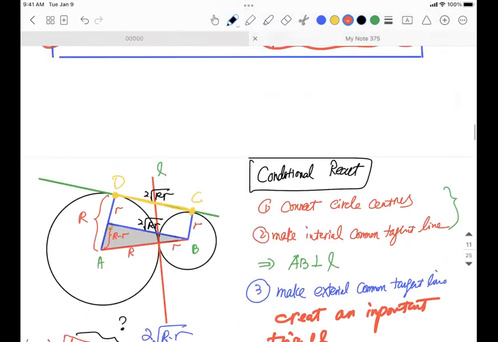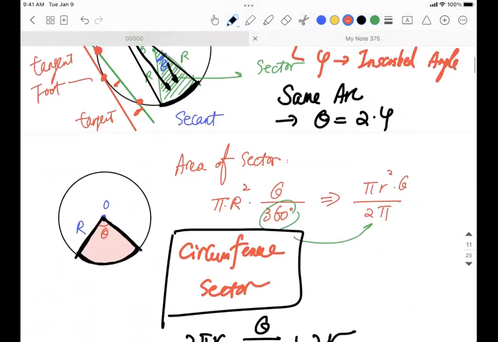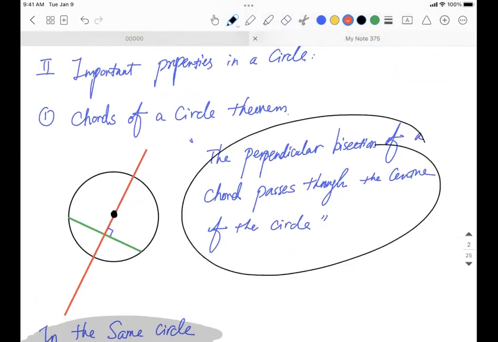Because if you remember the first property, perpendicular bisection of your chord must pass through the circle center. AKA, if you do a connection between the circle center and the midpoint of the chord, you're going to generate a 90 degrees perpendicular line. Right? I think this is something very understandable.